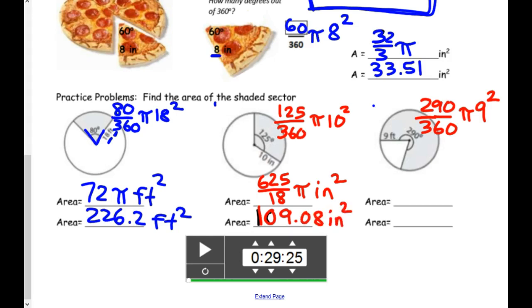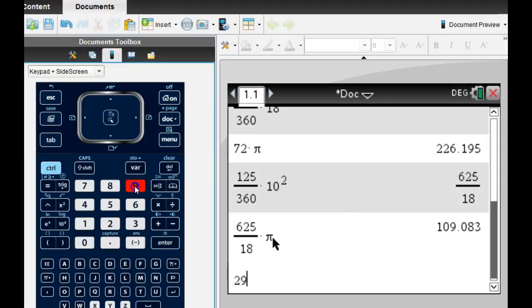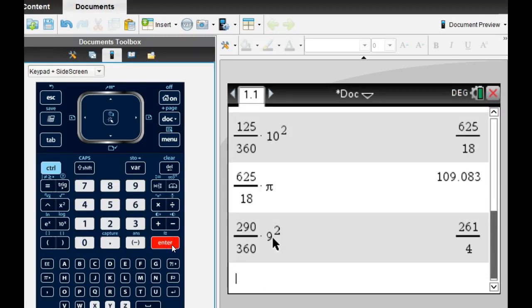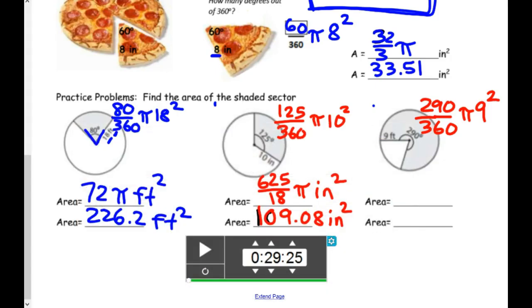All right, and then this last one, 290 over 360, 9 squared. 261 over 4. What do I put next to it? Pi feet squared.